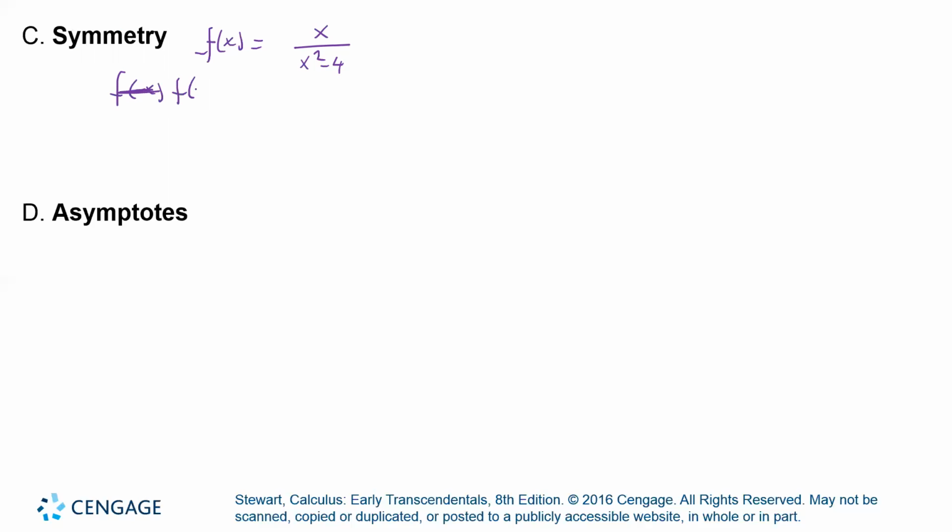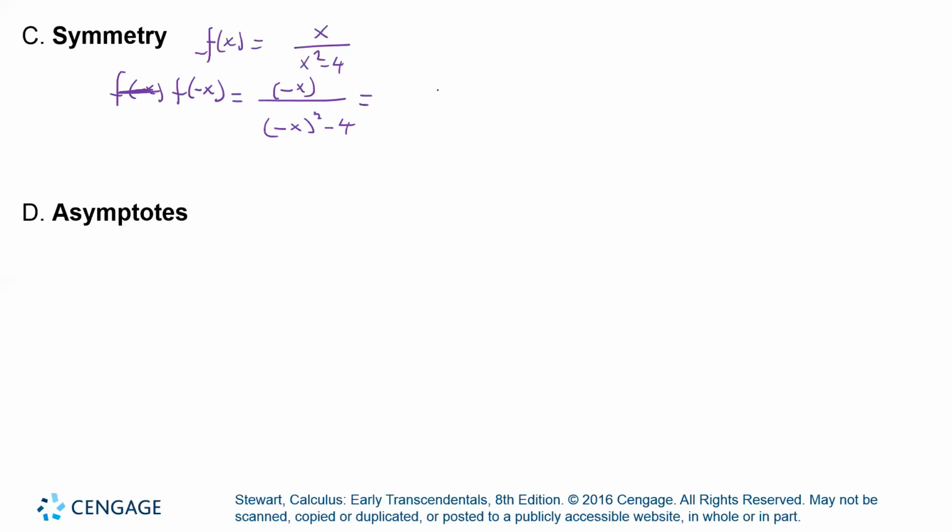Wherever I see x, I'm plugging in negative x, divided by minus x all squared minus 4.